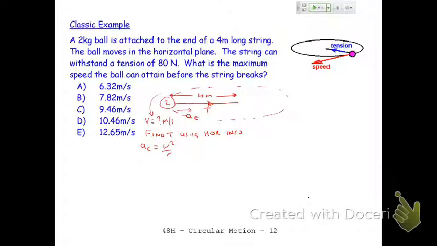So let's just say find T using horizontal information, using the sum of the forces horizontally is equal to the mass times the acceleration horizontal.